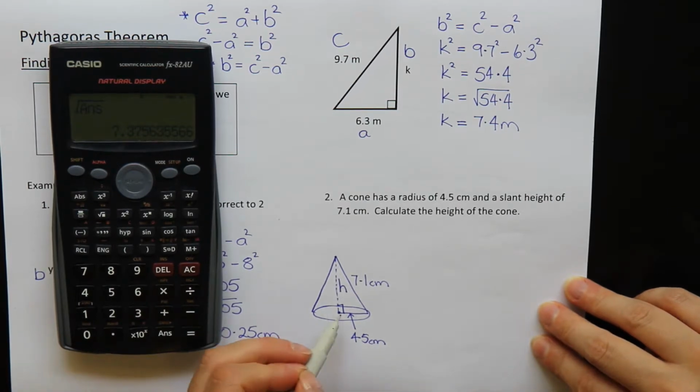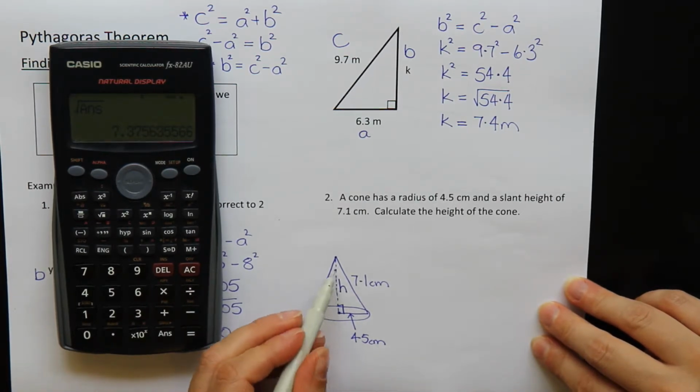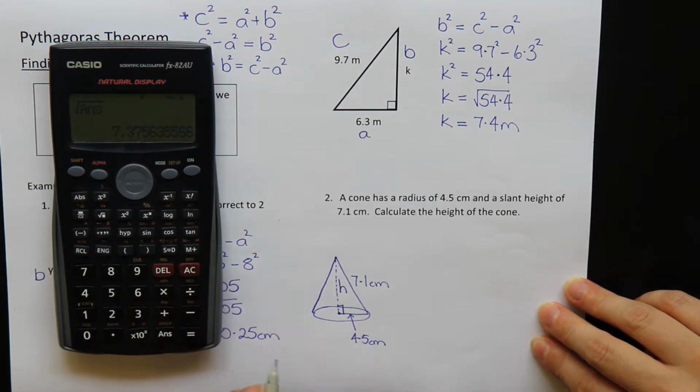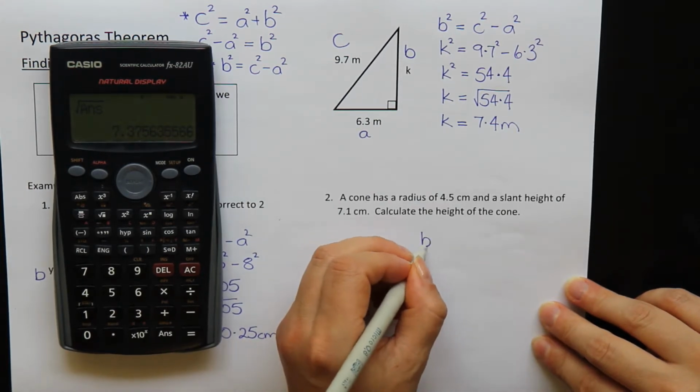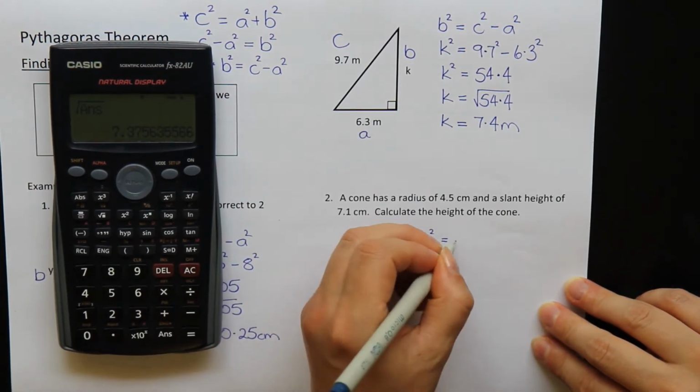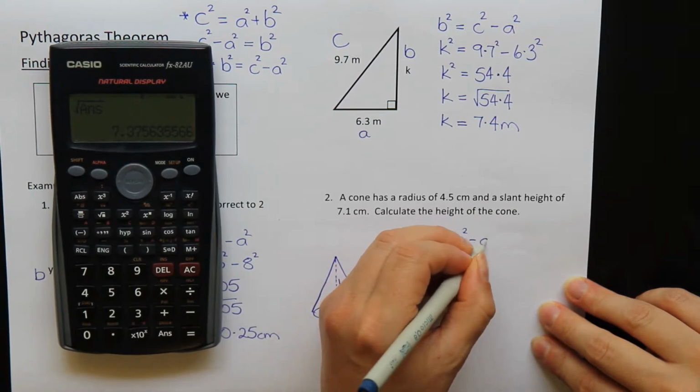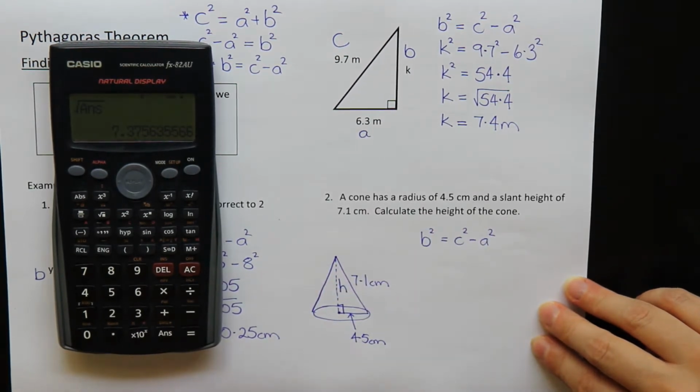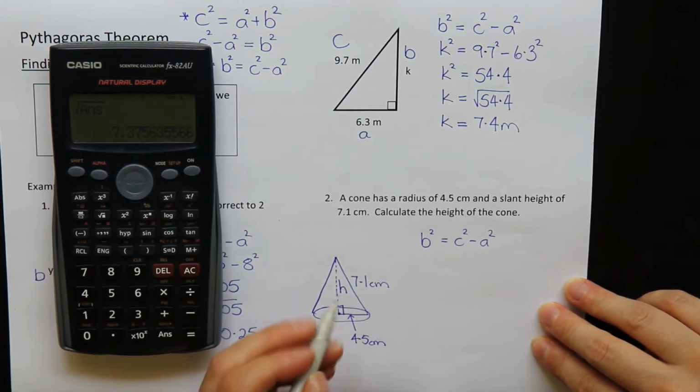Alright, we have a shorter side here that we're trying to find. So we need our formula for the shorter side, b squared equals c squared minus a squared. Then we substitute in. My hypotenuse is this one.